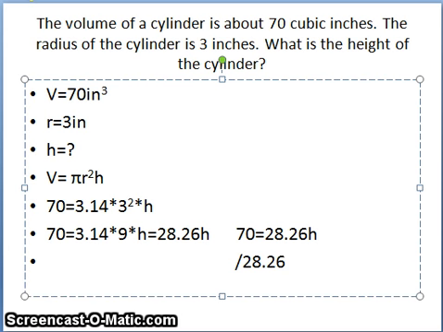Now, unfortunately, I still have to type because I haven't installed my new version of PowerPoint yet, so hopefully soon I'll have time to do that. Whoops, not by h. So I'm dividing both sides by 28.26. I guess I could put this a little nicer. Hold on. Let me clean it up for you. All right.